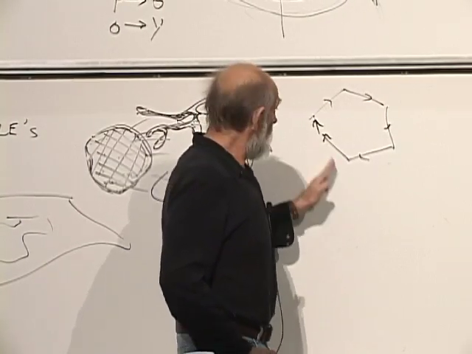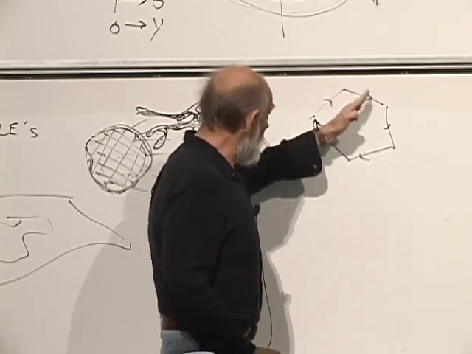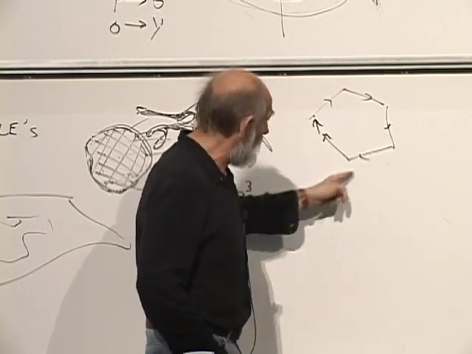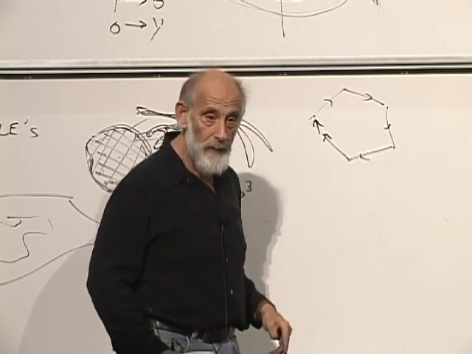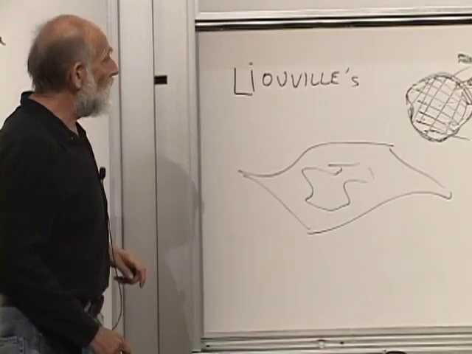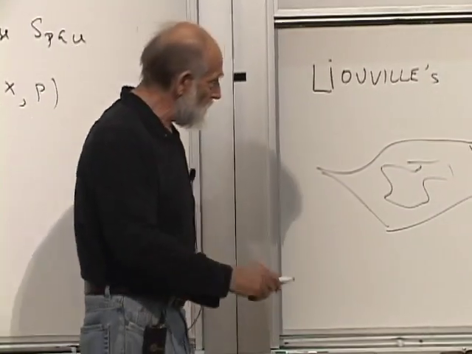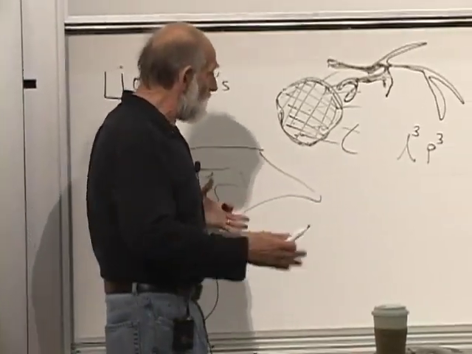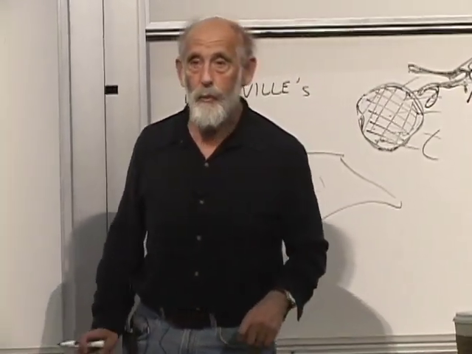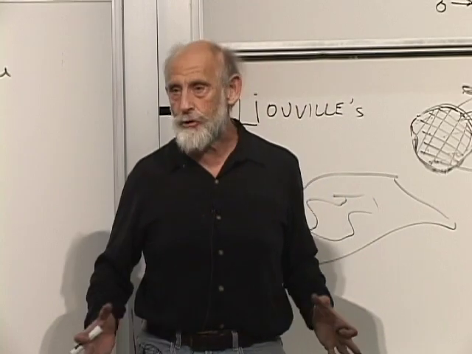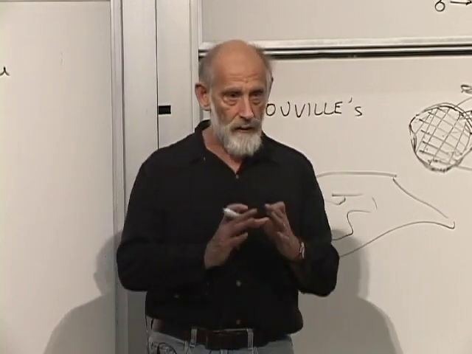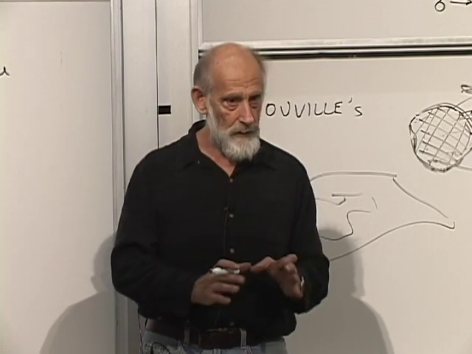Just as this, if you cycle around here long enough, you will average over all these points with equal a priori probability, the same is true of following points in phase space. The right statement at the end is that the a priori probability, the a priori measure, whatever you would like to call it, for a dynamical system is volume in phase space.